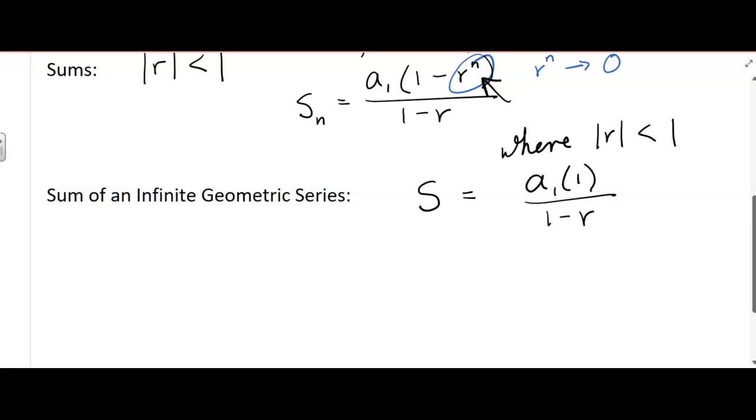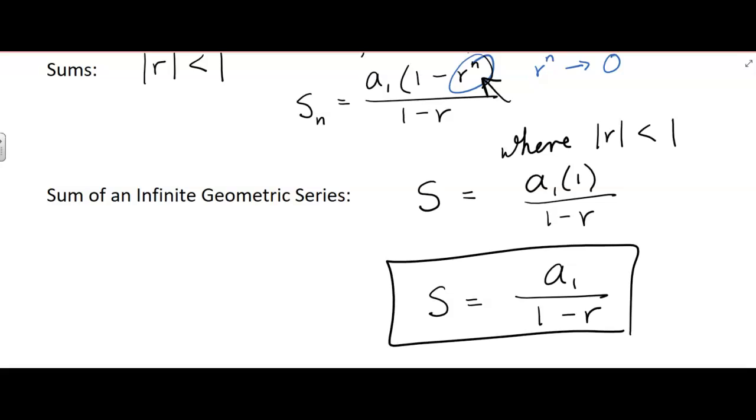So what we usually write, we write the formula like this: S is equal to a sub 1 over 1 minus r. They might put S sub infinity, but yeah, they use the S.